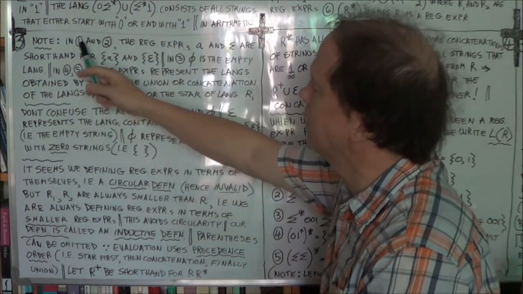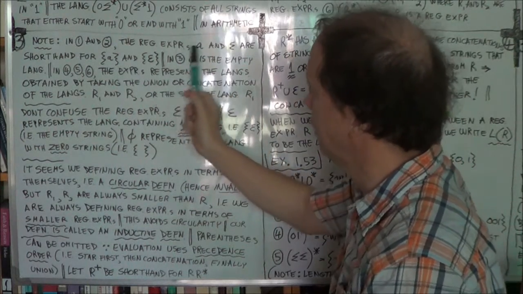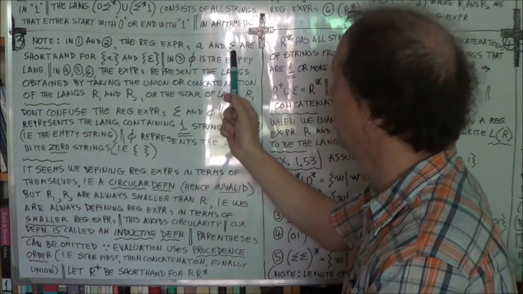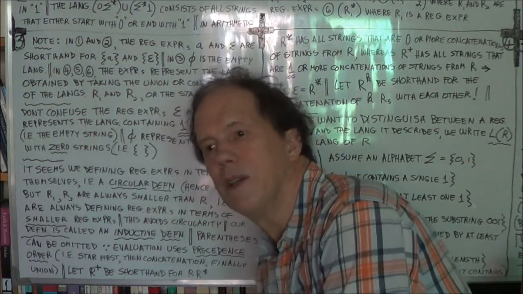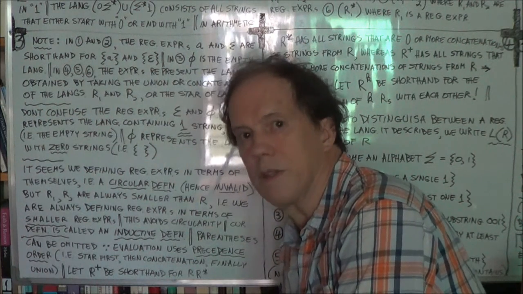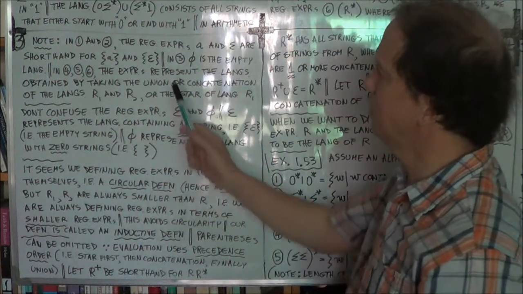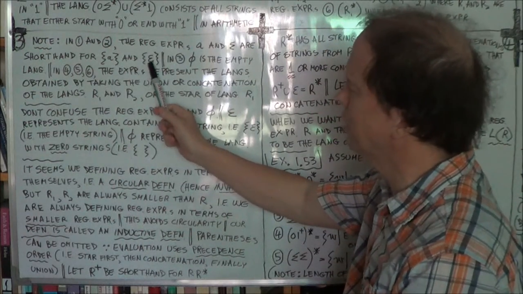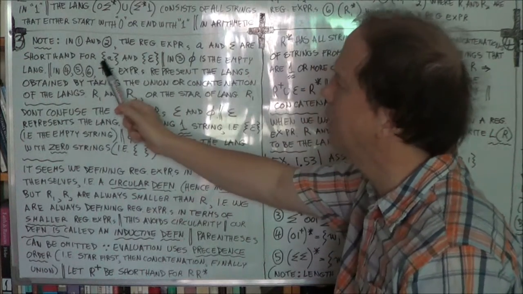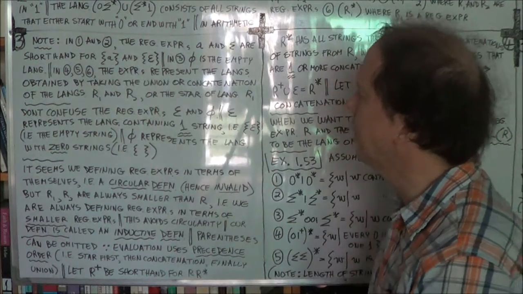Now remember for 1 and 2, this A is shorthand for the set with A, which I mentioned a bit before, and the eta, the empty string, in the context of regular expressions, is also shorthand for the set containing the empty string. So A and eta are shorthand for this set with A and this set with eta.